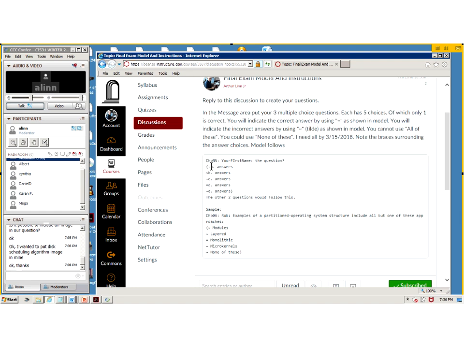And if you put, chap and a 2-digit number, your first name, and the question, I think that'll flow in nicely. And you indicate the correct answer by putting an equal in front, and the incorrect answers are using tildes. And you've got 14 days to get it to me, your 3 questions for your chapters.